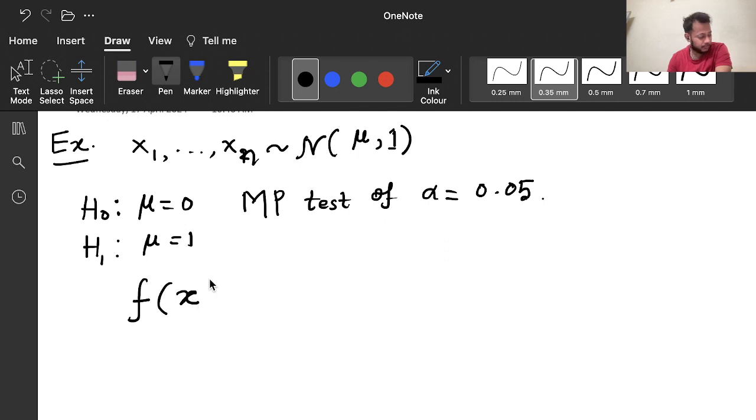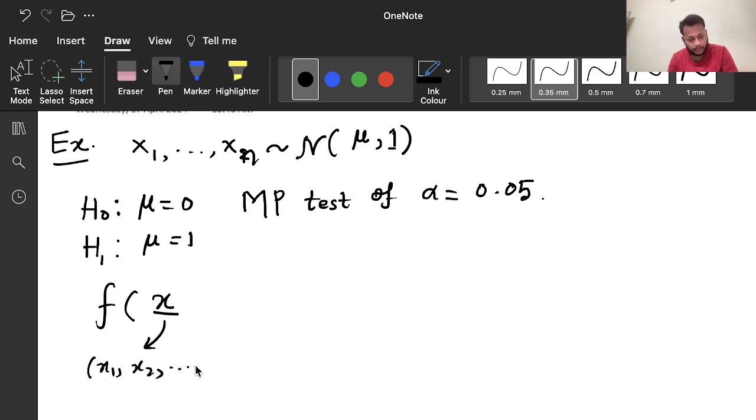So the joint distribution of these n random variables will be f(x1, x2, ..., xn; mu).